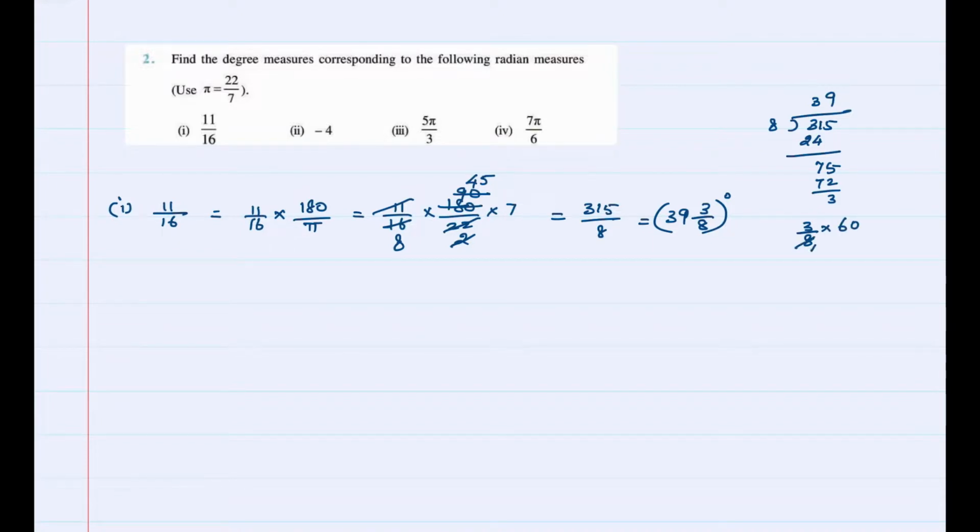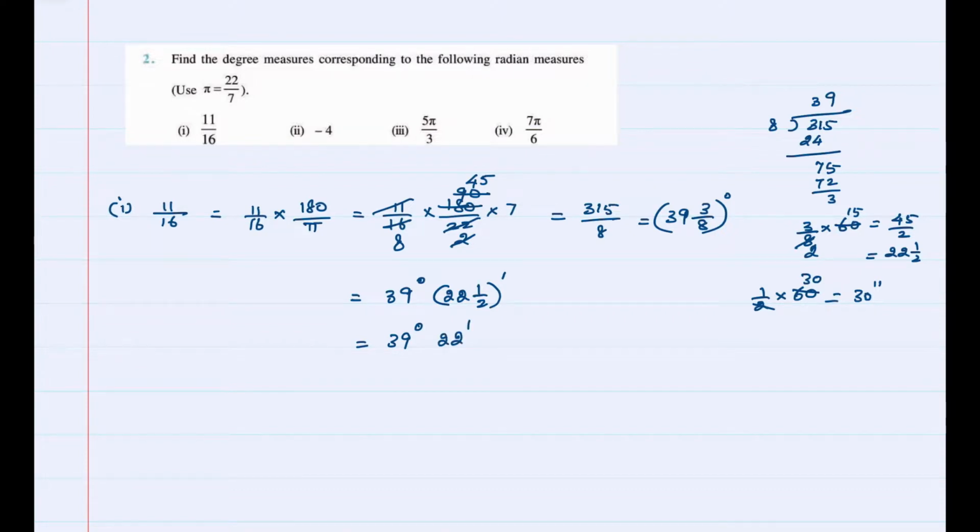We will cancel 4. 45 over 2 is 22 and a half minutes. So, this becomes 39 degrees, 22 and a half minutes. We can convert a half minute to seconds by multiplying by 60. It becomes 30 seconds. This is 39 degrees, 22 minutes and 30 seconds.